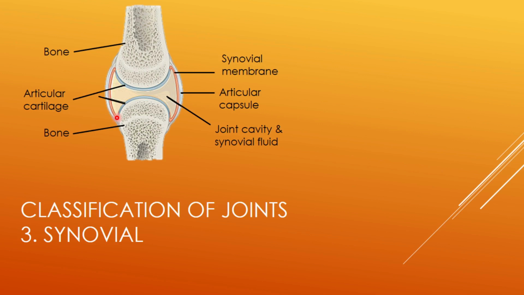They then tend to be reinforced by a joint capsule, so you tend to have some sort of articular capsule surrounding the synovial membrane. And then our articulating surfaces are lubricated by a really small amount of a viscous fluid known as synovial fluid. So you'd find that within the joint cavity. And synovial fluid is actually produced by the cells of the synovial membrane.